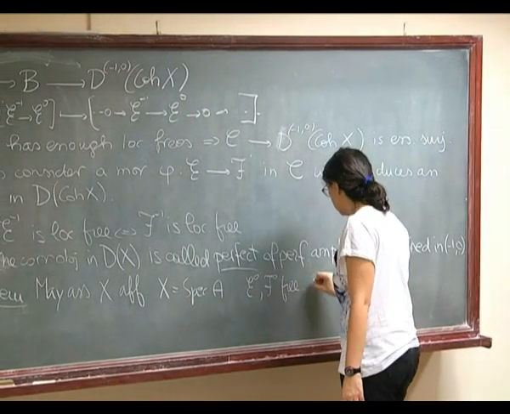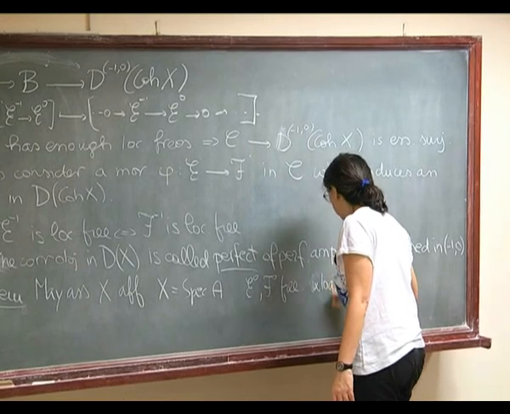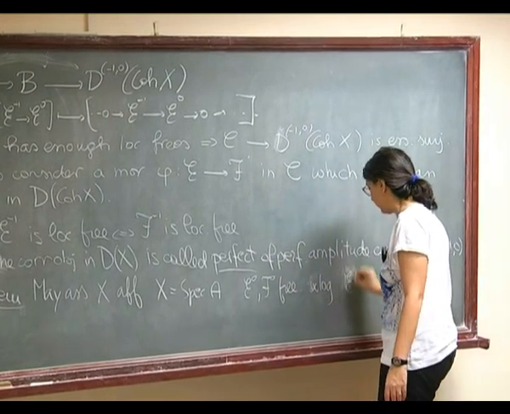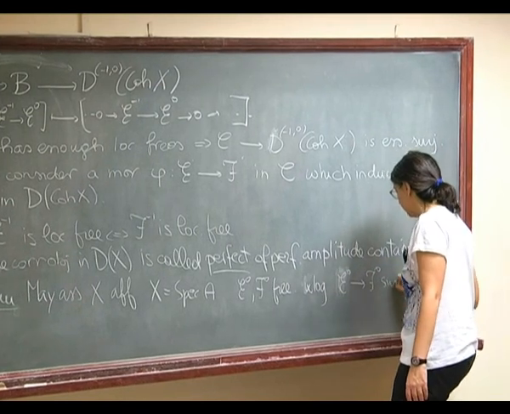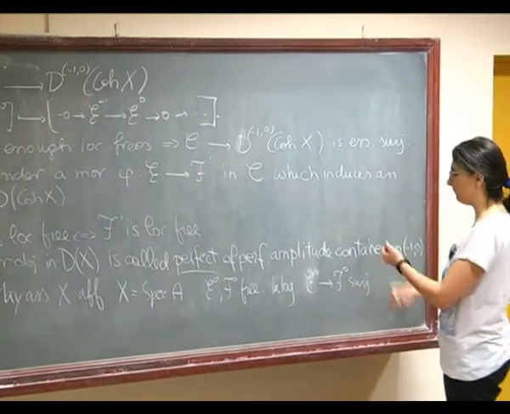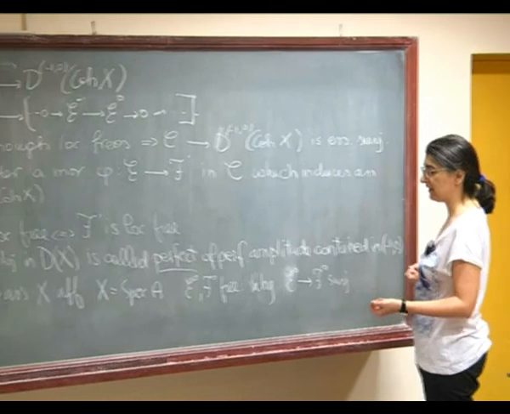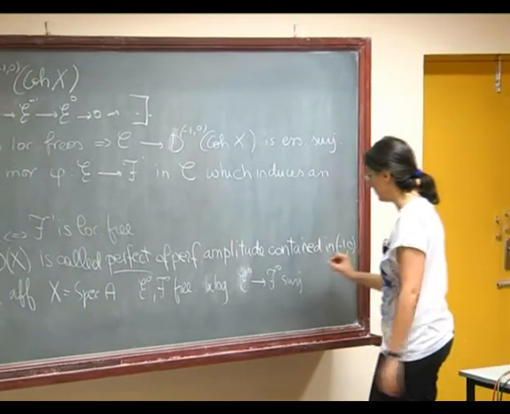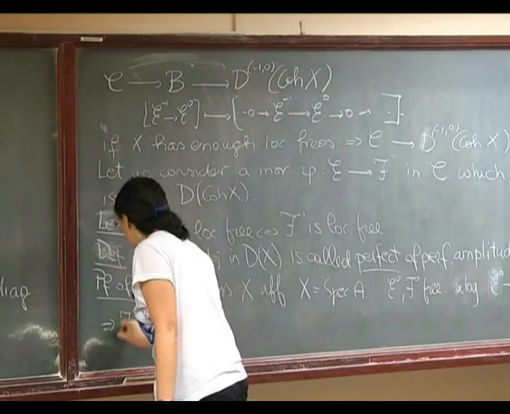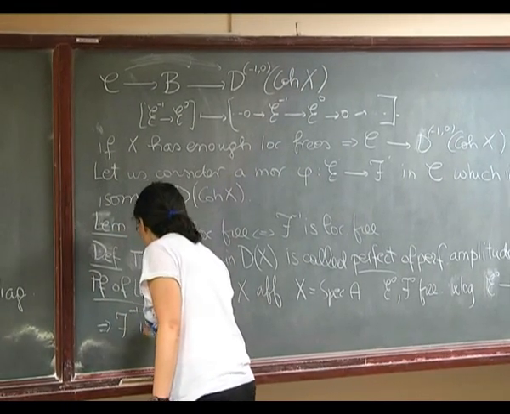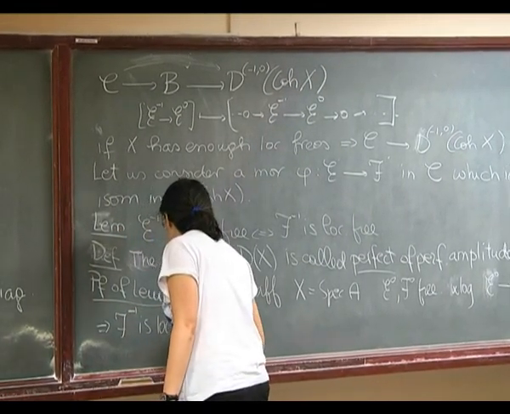you may assume that E0 to F0 is surjective, and then what you get is that the diagram must be Cartesian, and you prove that F minus 1 is locally free.